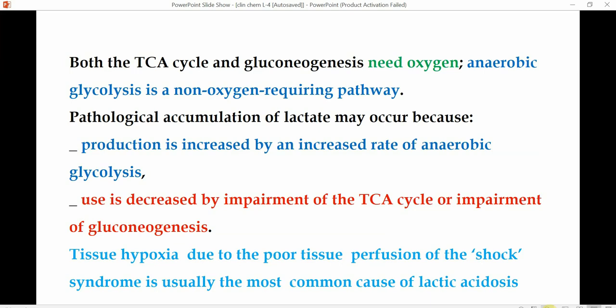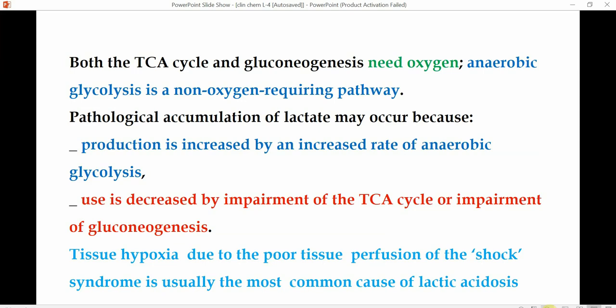The pathological accumulation of lactate could be the result of overproduction, as a result of an increased rate of the anaerobic pathway, which is the glycolysis pathway.